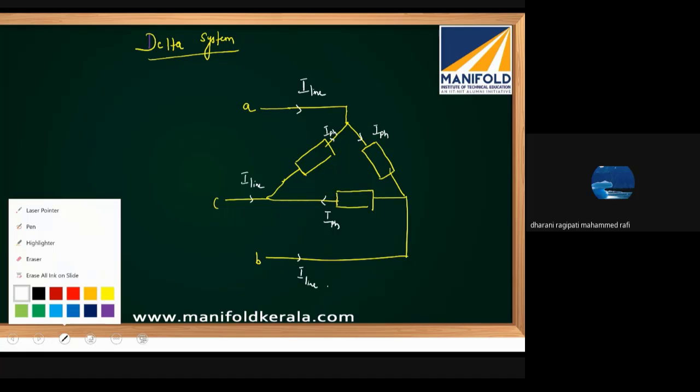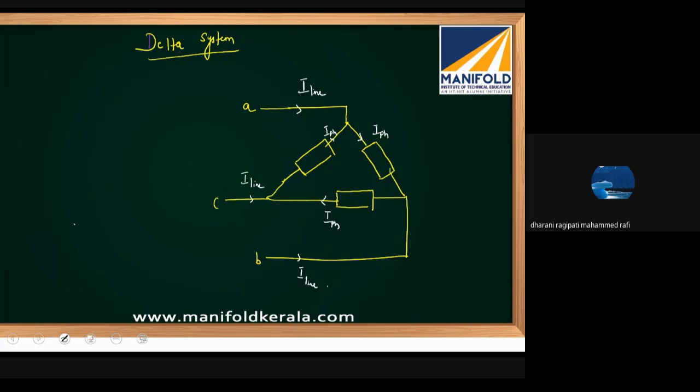Here, the voltage between any two lines, the line to line voltage, is same as the phase voltage. That means the phase voltage and the line voltage are same in delta connected system, whereas the line currents and phase currents are different.